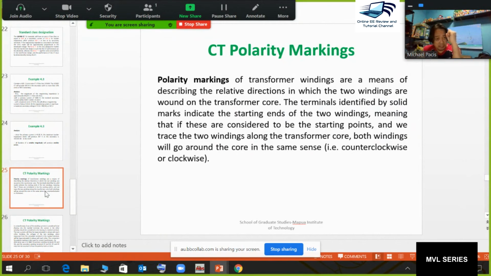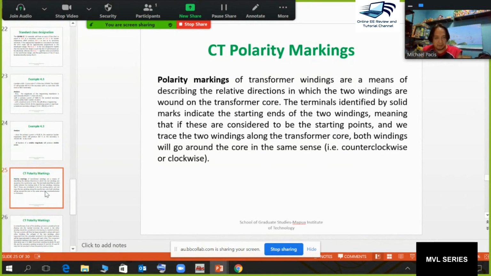The mark there is like a node, so that is the polarity mark or node marking. Polarity markings of a transformer are a means of describing the relative direction in which the current will go in first and then exit. So it will go inside and then outside, and you can see the current flow.